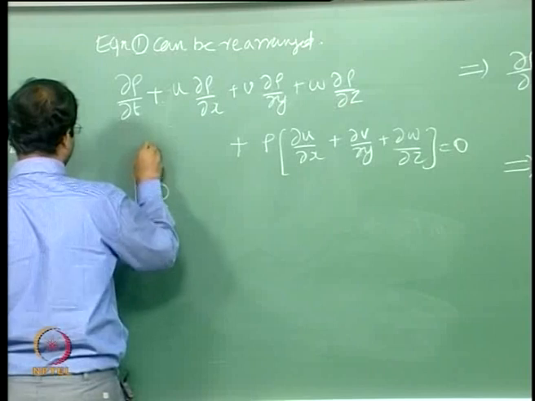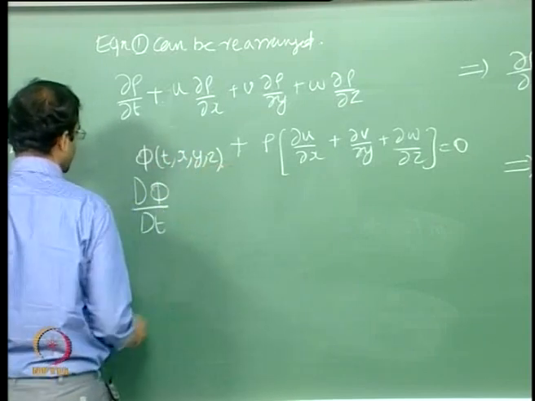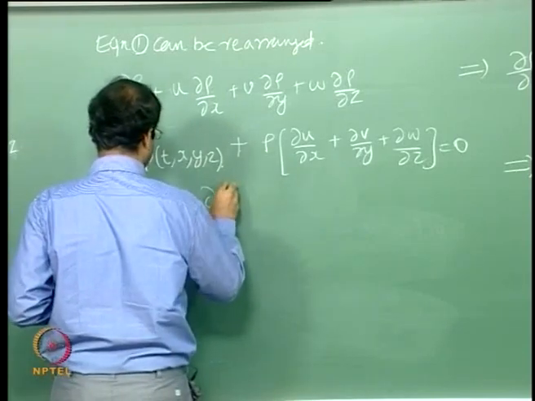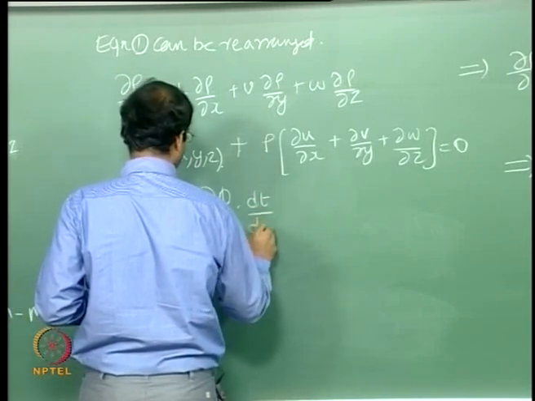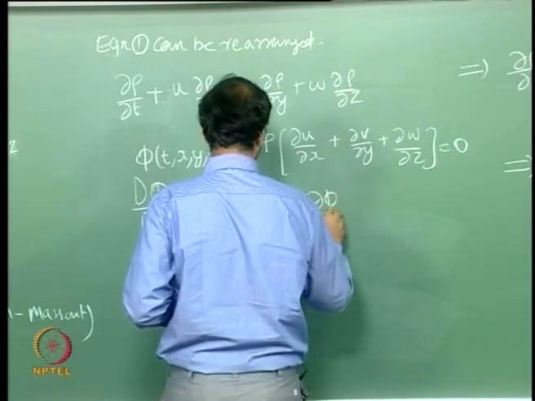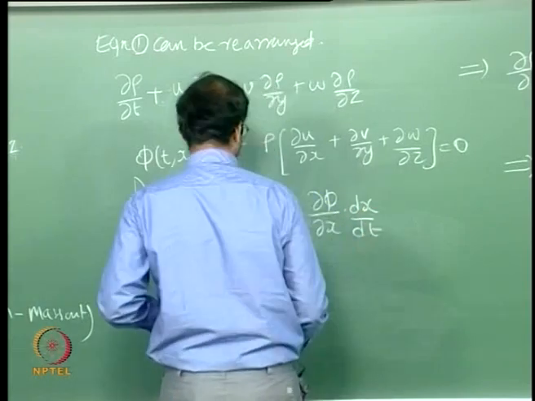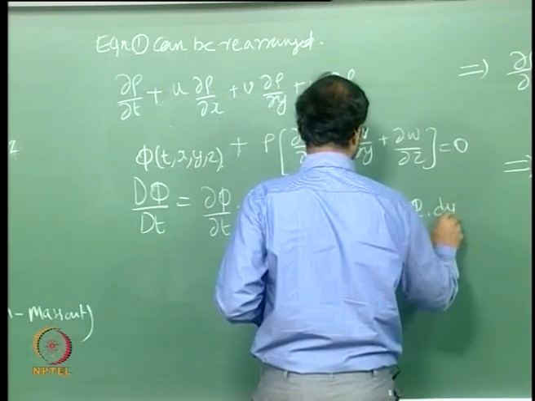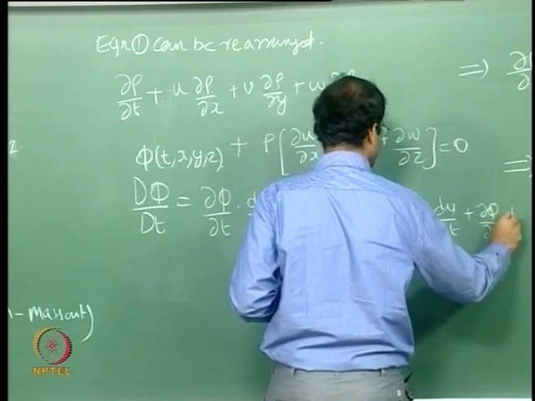Now if your phi is a function of time and also your positions x, y, z, you can expand this total derivative in terms of partial derivatives: d phi by dt into dt by dt, plus d phi by dx into dx by dt plus d phi by dy into dy by dt and so on in the z coordinate system.